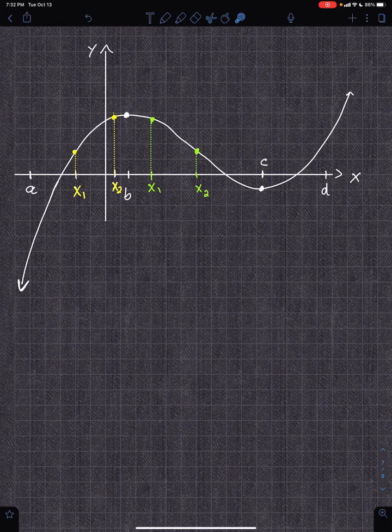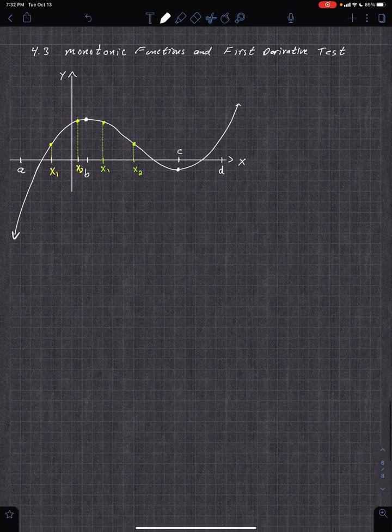And then we want to see that in this case, f of x1 will be less than f of x2. And then you can see that means it's increasing. So that's how we'll do it. We're going to pick two values and use an inequality to define it. Okay, so that's what the picture represents.